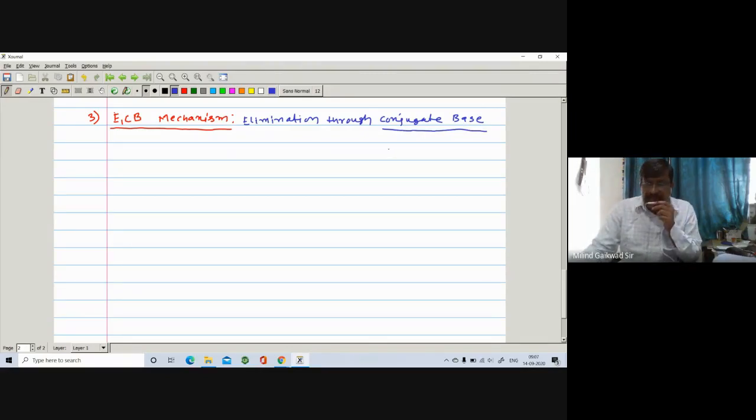You know acids can be represented by HA, right? The acids are the substances which have the ability to give H plus. When it undergoes dissociation, there is a formation of H positive and A minus.